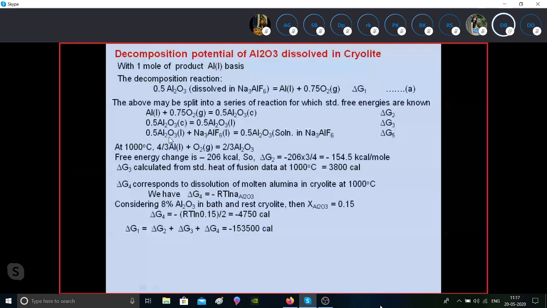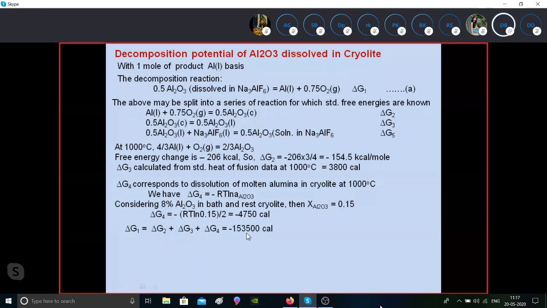So what is my delta G for the overall reaction, from G1, G2, G3, G4? You will get a value of minus 153,500. It will actually be 153,550, but I have omitted that 50 here just for ease of calculation.